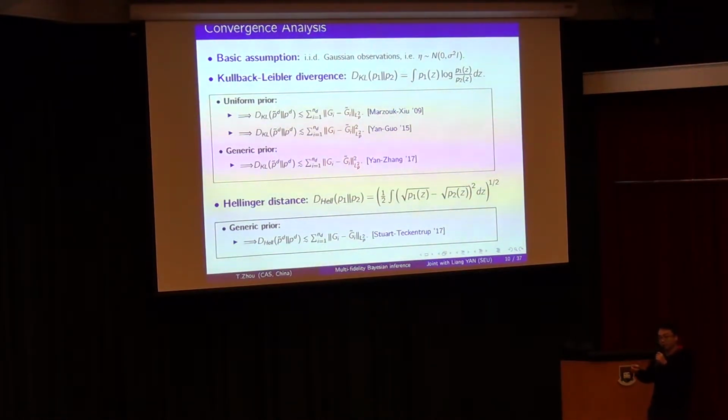So if the prior is far away from the posterior, these terms are not necessarily very small. Most of the analysis is based on the prior space. There are different settings, different priors and different results, but similar bounds for this kind of error.